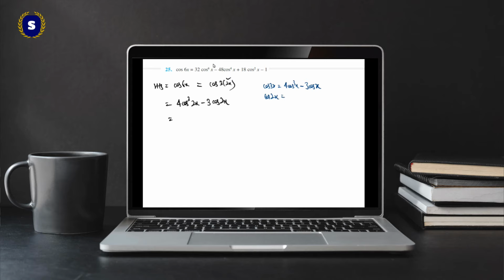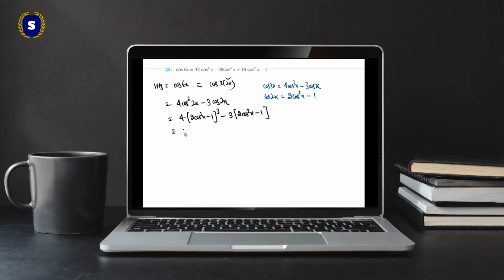All the terms are in cos, so let's use the identity 2 cos square x minus 1. So we get 4 times 2 cos square x minus 1 whole cube minus 3 times 2 cos square x minus 1.